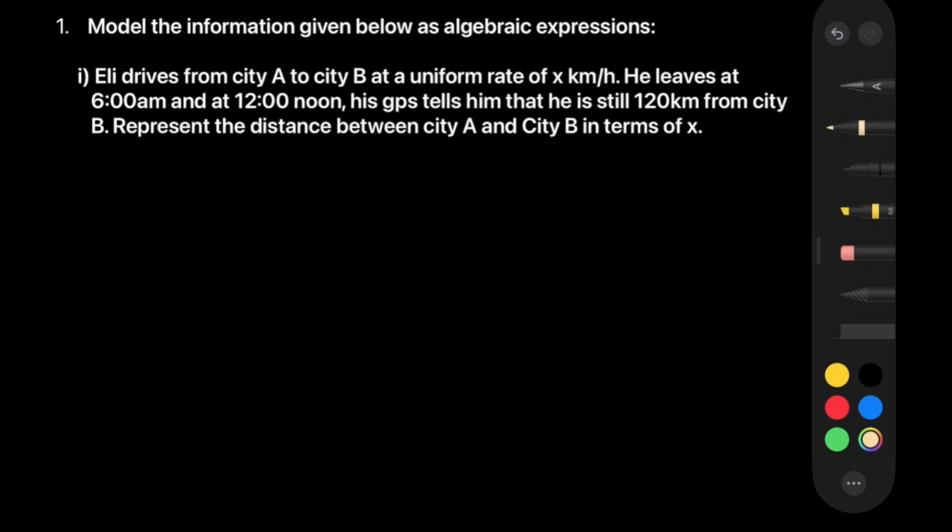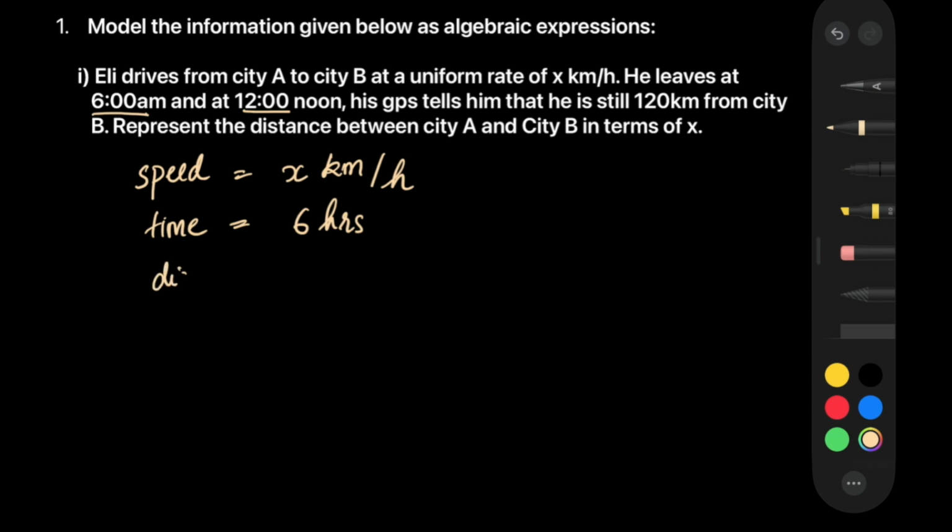So the speed at which he travels is x kilometers per hour, while the time that he has traveled for is 12 noon minus 6 a.m., which is 6 hours.